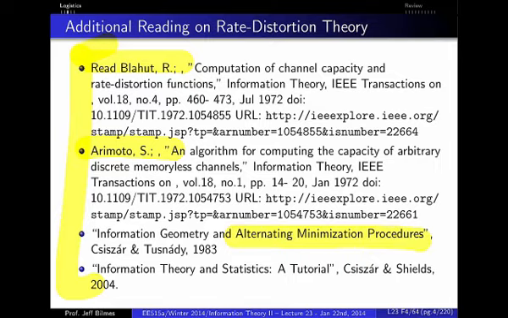If you want a historical account of what happened, you could read the Blahut paper and the Arimoto paper. There's a paper by Dempster, Laird, and Rubin about the EM algorithm, which I haven't listed here. These were generalized by Csiszár and Tusnády, which I'm almost certainly mispronouncing. And then there's a relatively recent tutorial which contains everything.